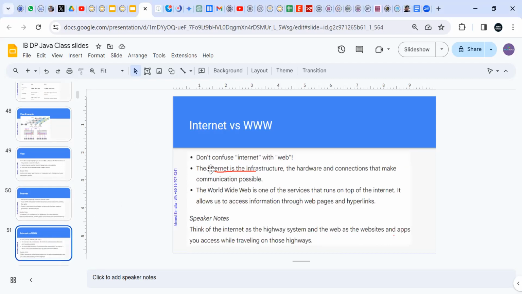Okay, what is the difference between the internet and the WWW? The internet is like the network of networks, while the World Wide Web is like the service that runs using the internet. Let me clarify that to you. The definition that you mentioned is correct somehow, but internet services are more wide.